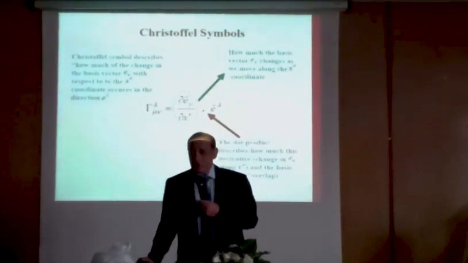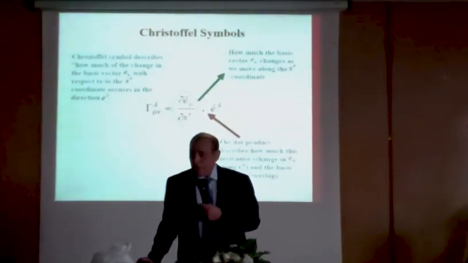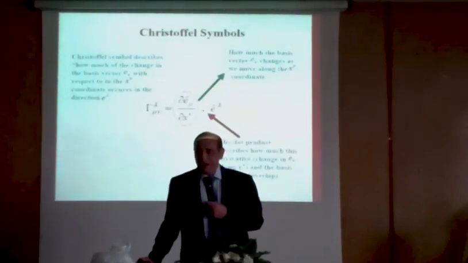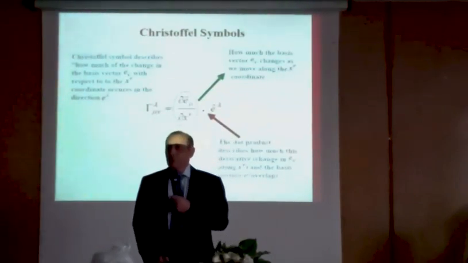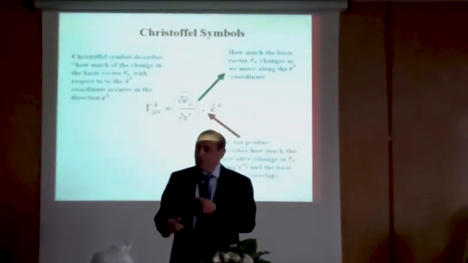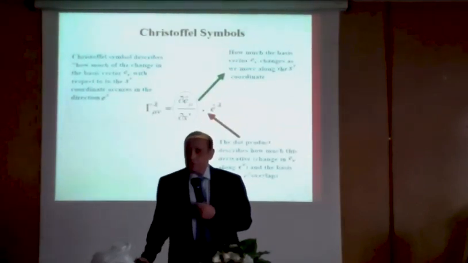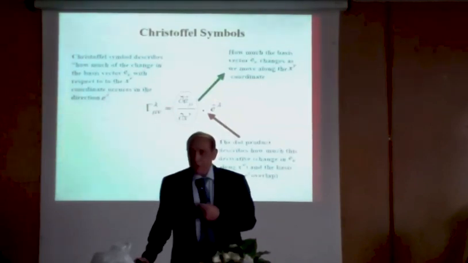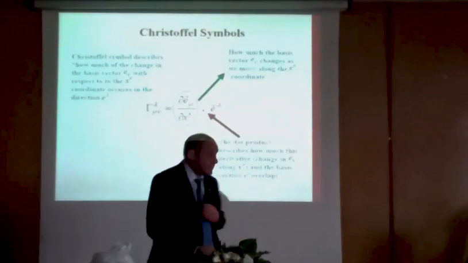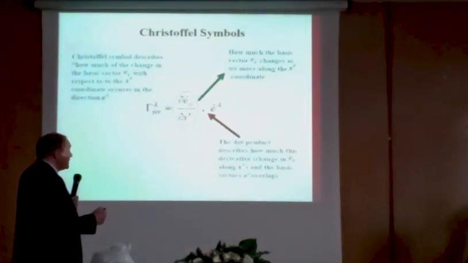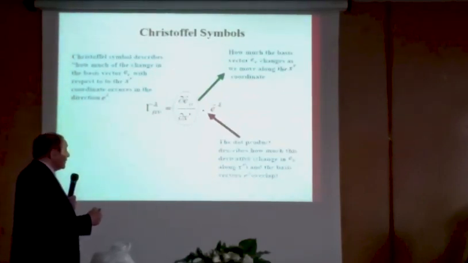Now in a general coordinate system, I don't have a right angle between i, j, and k. I have an arbitrary angle. So in fact, I have to use a basis that fits the curvature of space-time. So in fact, these basis vectors I call here e_lambda and e_mu.